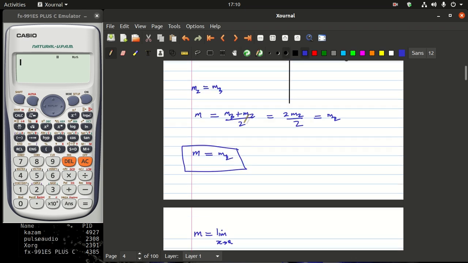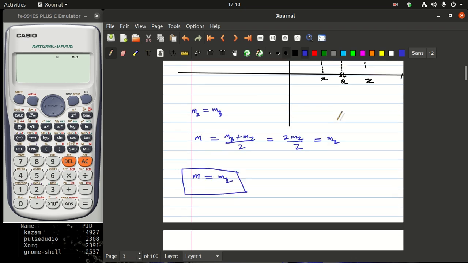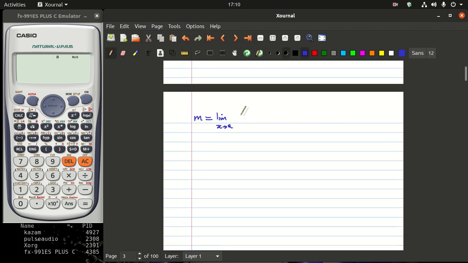Now, what is the actual slope of that line here? It means that I need to have my y2 minus y1 all over x2 minus x1.